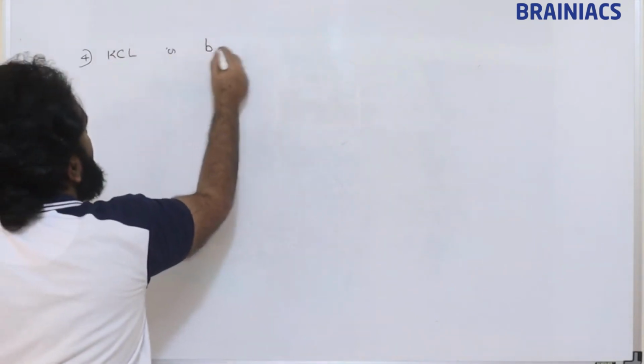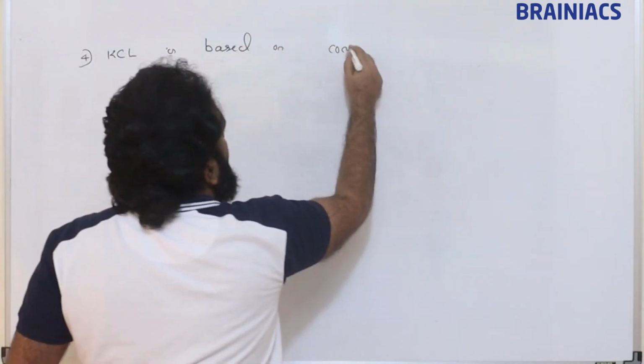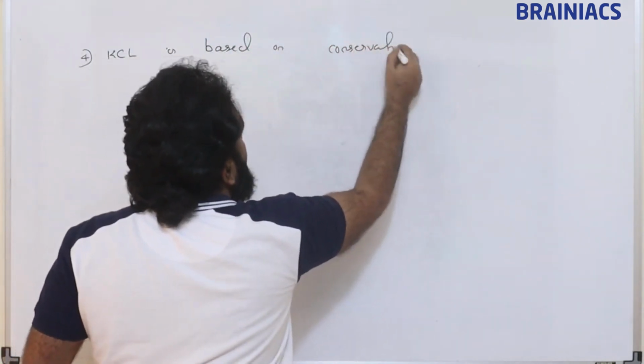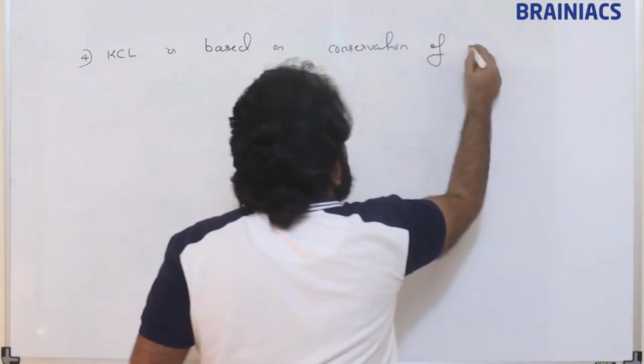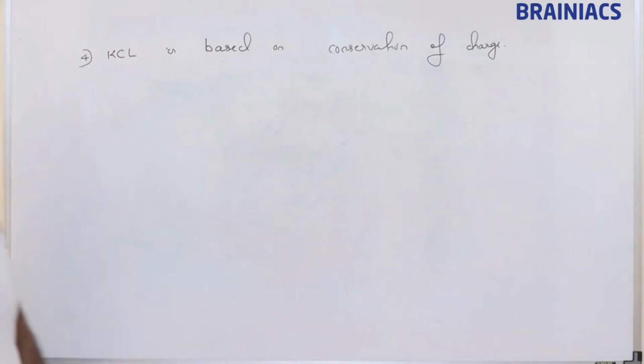KCL is based on conservation of charge. The charge entering per unit time will be the same as the charge leaving per unit time.